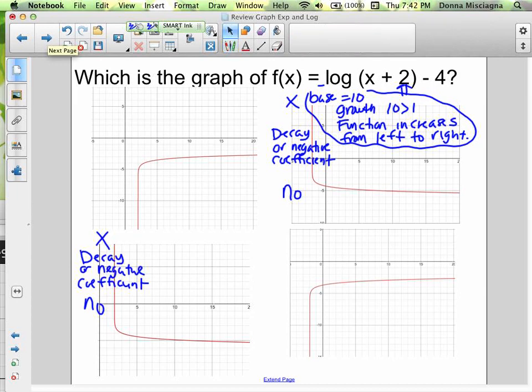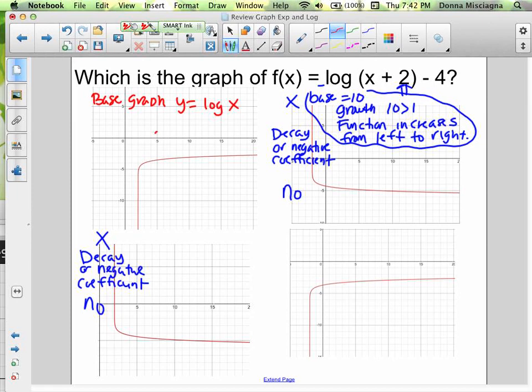Let's graph the base graph, y equals log x, and see what that looks like. So that should go through the point, I'm just looking at the lines, not the numbers.